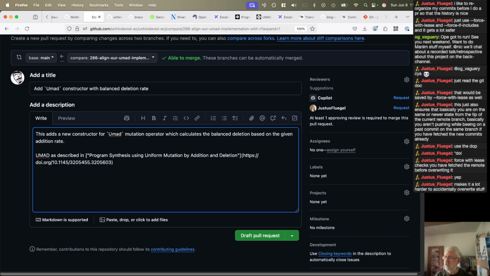Is that still a concern if multiple people are working on the same branch, or do these things prevent that from getting in the way?